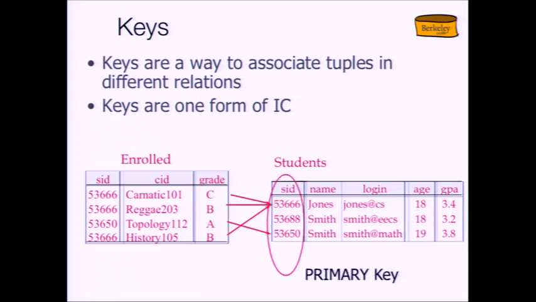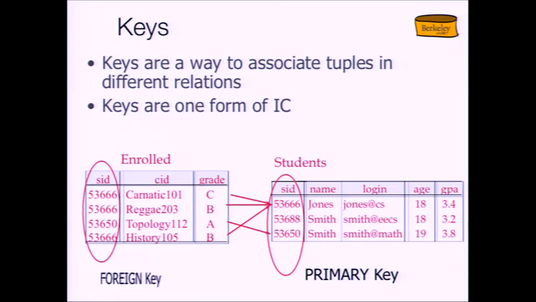And so if you want to understand that, it's saying that the student whose primary key, whose SID, is 53666, is the student that's being talked about in this record. And this record here is talking about a completely different student. So on the student side of things, those SIDs are going to have to be unique. They're primary keys.